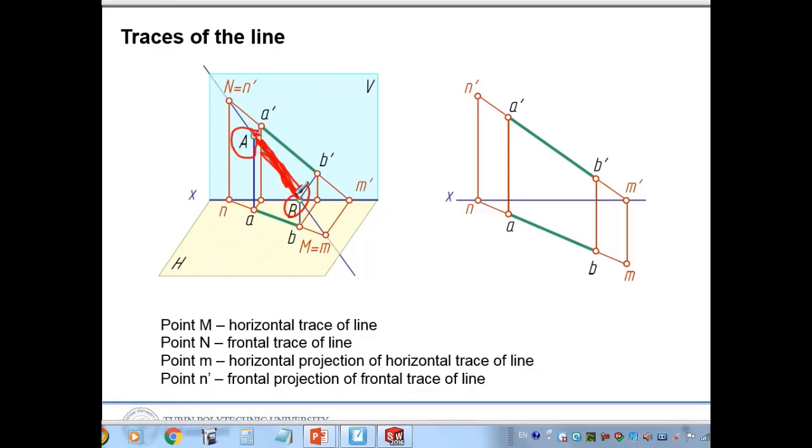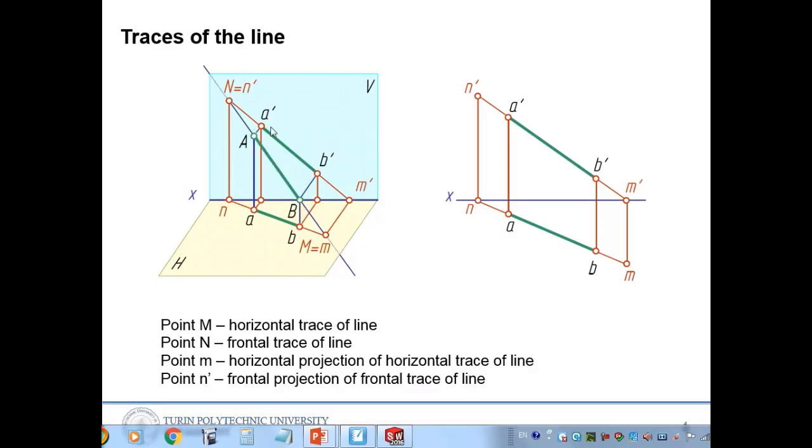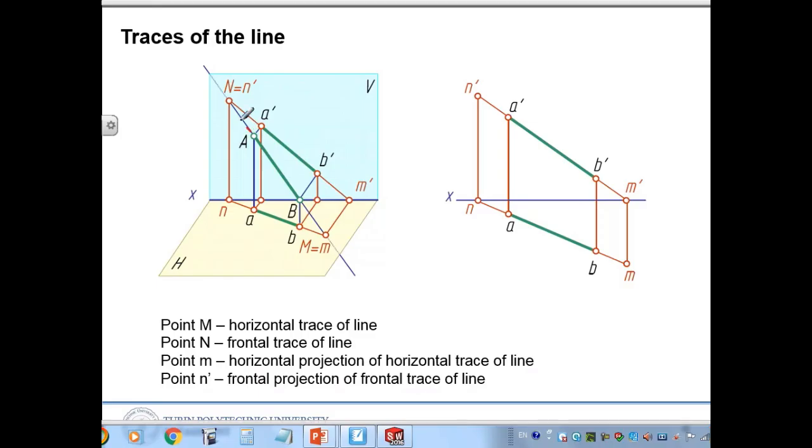What will be the traces of this one, its intersection with the projection planes? If you continue this line, it will cut the V plane somewhere in the N point. If you continue this side, it will make a point, the M point, in the H plane.